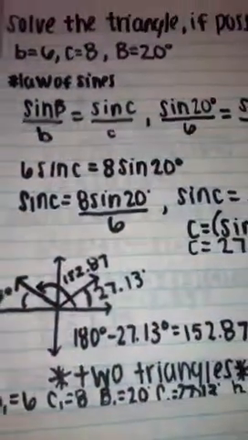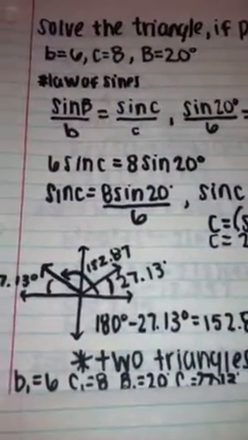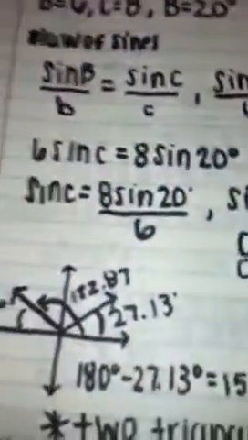So the other triangle that this equation has is 152.87, and we can double check that by doing 152.87 plus 20, and that is less than 180, so there's going to be two triangles.